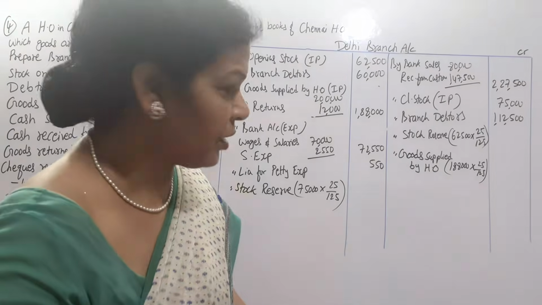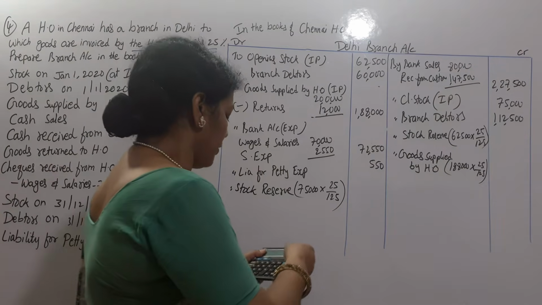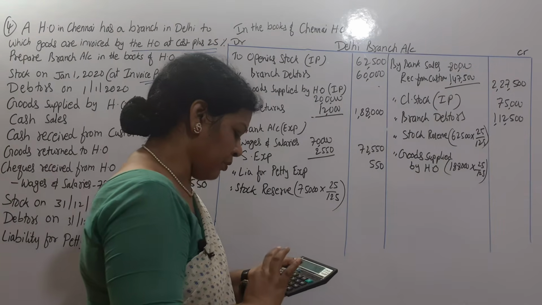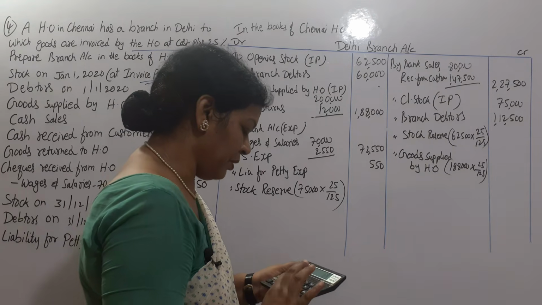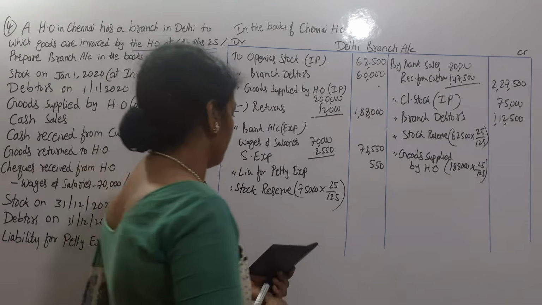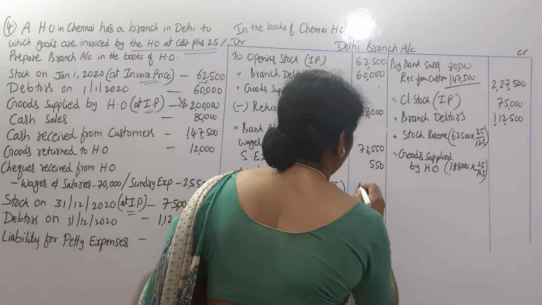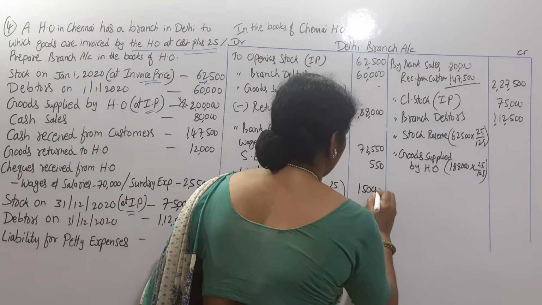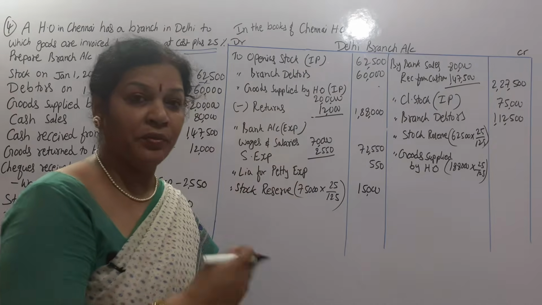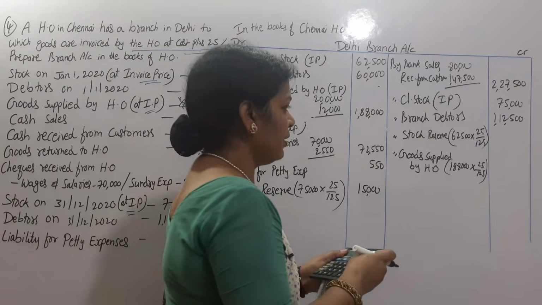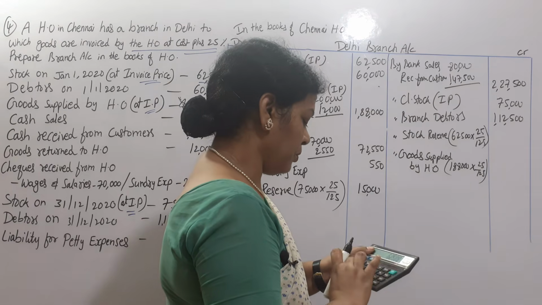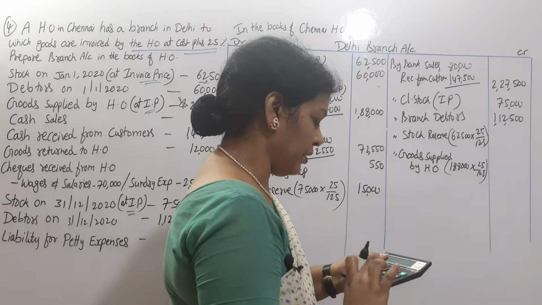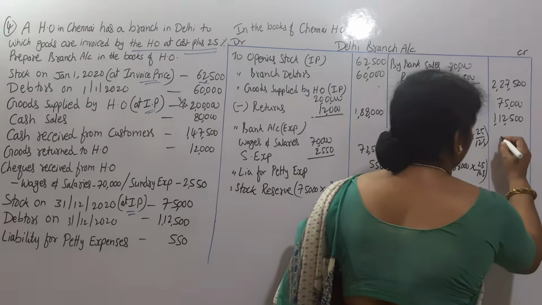Now let's use the calculator. Now here if you go 75,000 into 25 divided by 125, it is 15,000. Extra is added 15,000 on 75,000, that we are removing. In the same way 62,500 into 25 by 125, it is 12,500.